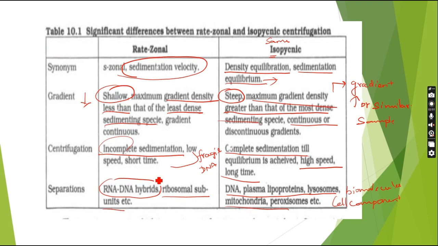But in the case of rate zonal, separation of mitochondria, peroxisomes and lysosomes is not possible as it is incomplete sedimentation, which does not provide high speed and high time.